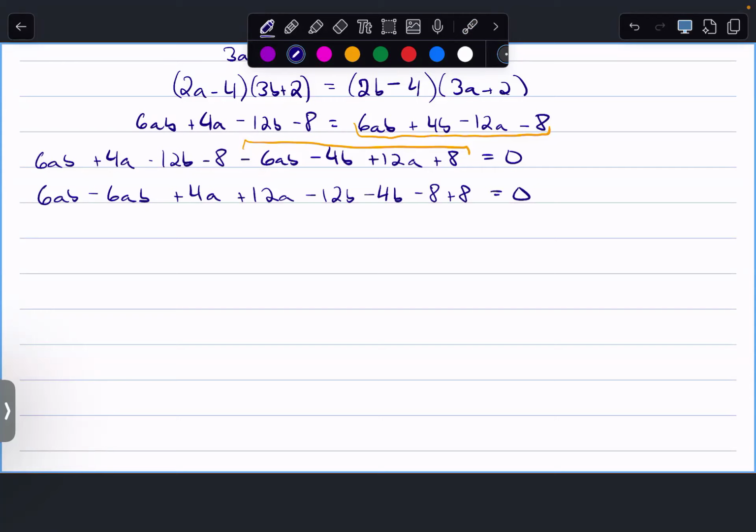You just want to make sure that you have all those. This 6ab minus 6ab is going to go to 0. Negative 8 plus 8 is also going to be 0. So now I'm left with a beautiful 16a minus 16b is equal to 0. Score.